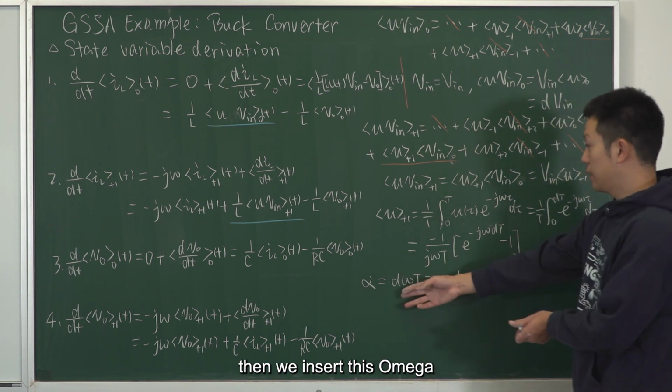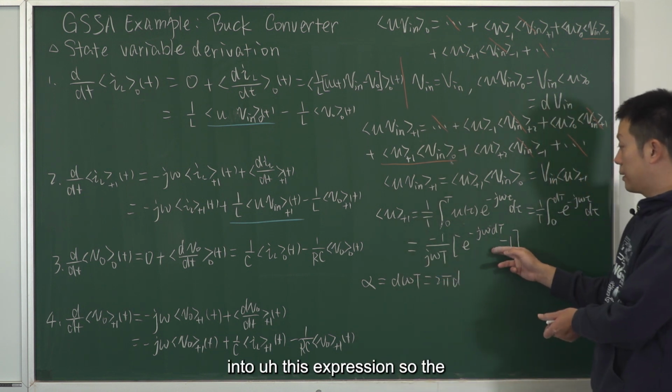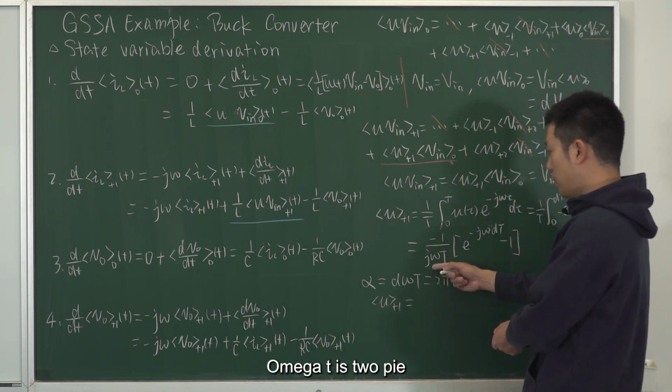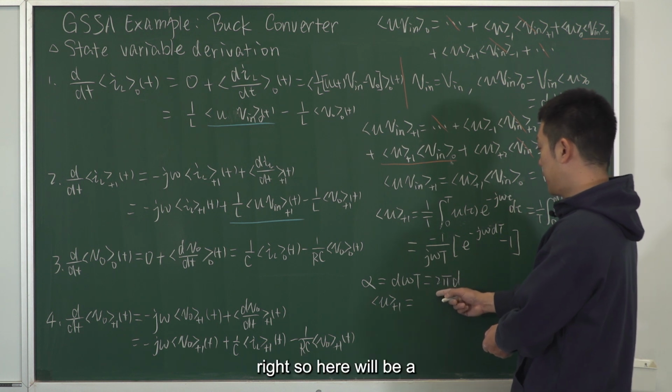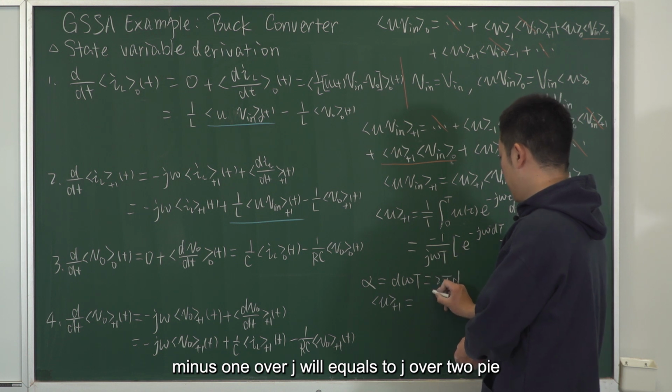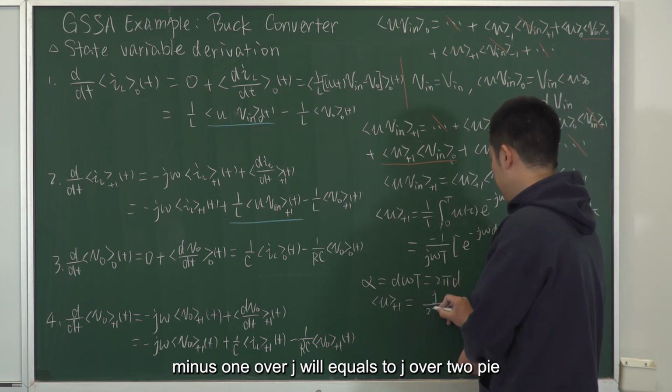Then we insert this into this expression. So the u with k equals plus 1 can be simplified. Here, omega t is 2 pi, right? So here will be minus 1 over j, which equals j over 2 pi.